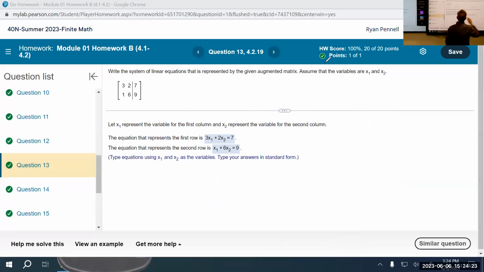So what is this thing that they're calling a matrix? What is that? Well, it's a list of numbers. What list of numbers? And then it also says, assume that your variables are x1, x2. What's that all about? This really is just the same thing we had in our previous questions. We had A or B, we had X or Y, same thing.